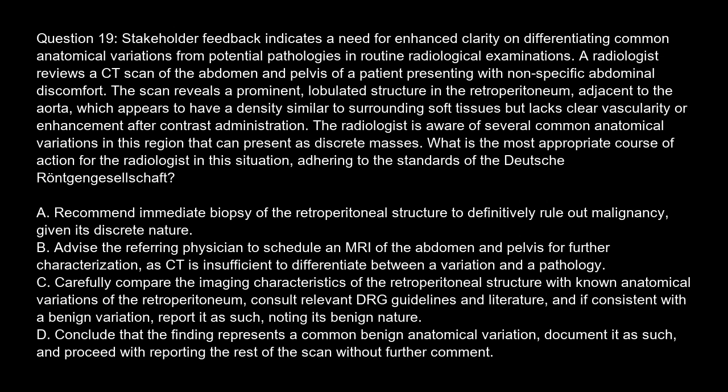Option C. Carefully compare the imaging characteristics of the retroperitoneal structure with known anatomical variations of the retroperitoneum. Consult relevant DRG guidelines and literature, and if consistent with a benign variation, report it as such, noting its benign nature. Option D. Conclude that the finding represents a common benign anatomical variation, document it as such, and proceed with reporting the rest of the scan without further comment.